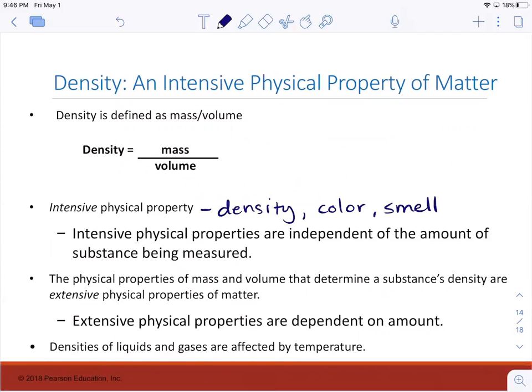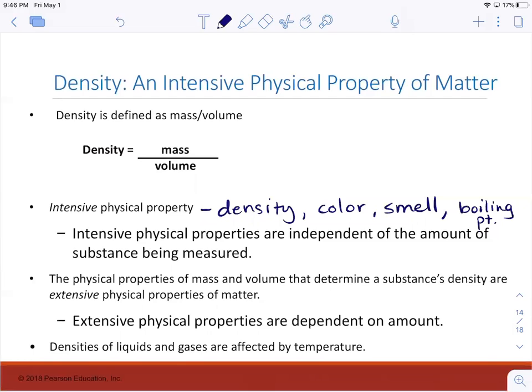Some of these might look like observations that are qualitative, but we could also have boiling point. That's a quantitative measurement. Melting point. All of these, it doesn't matter the size of the sample. I could have 1 gram of it. I could have 10 grams of it. I could have 100 grams of it. It's all going to be the same intensive physical properties.